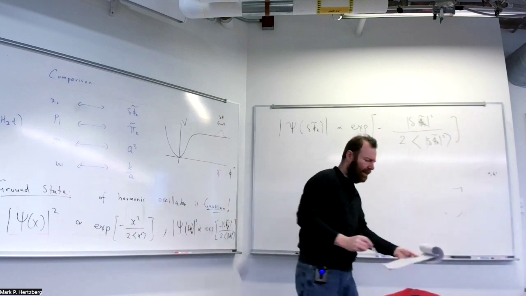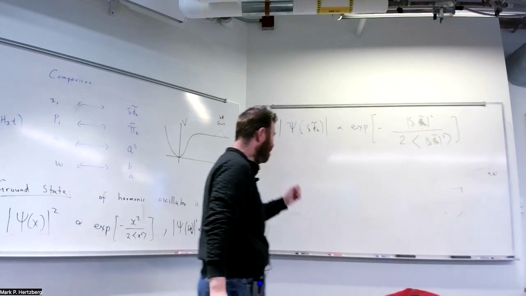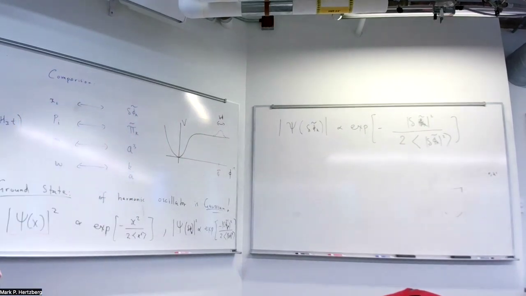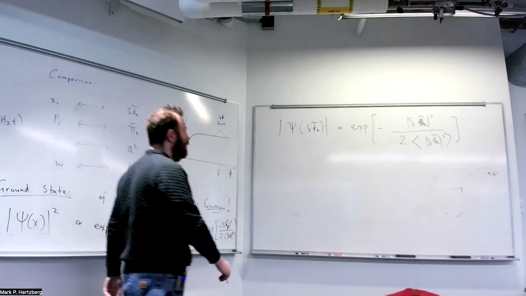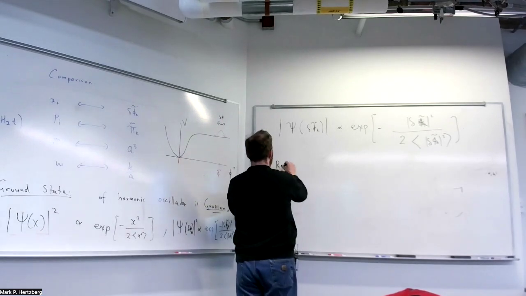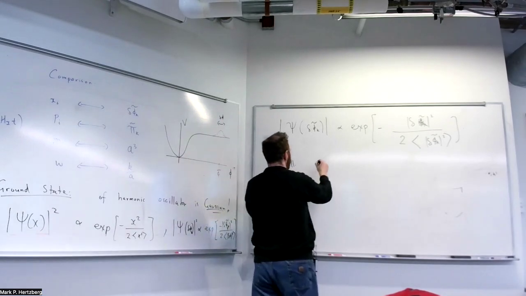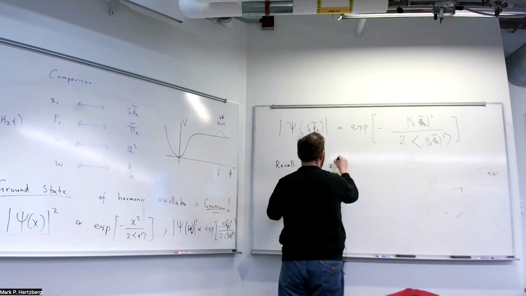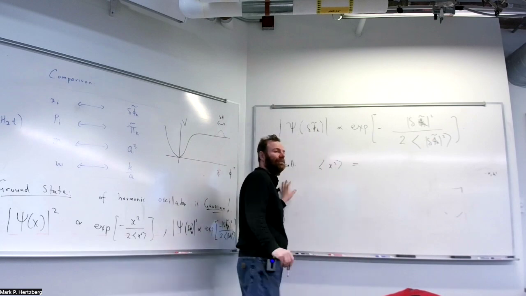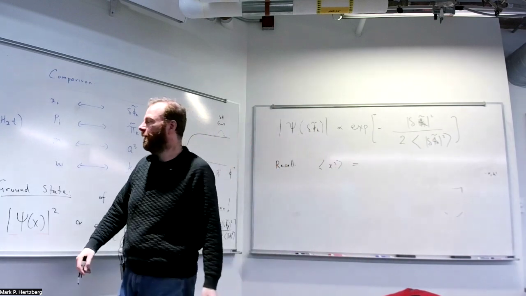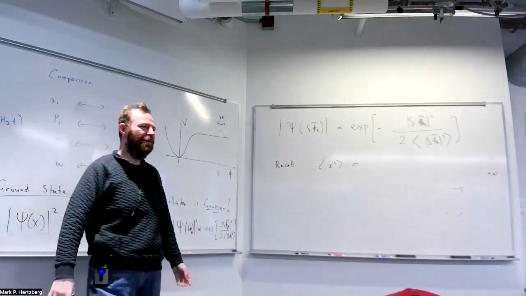Okay. So if we come back here, the regular harmonic oscillator written in terms of x and p with mass m, frequency omega, does anyone remember what the variance is of the ground state? So x squared. Remember what the harmonic oscillator variance is?